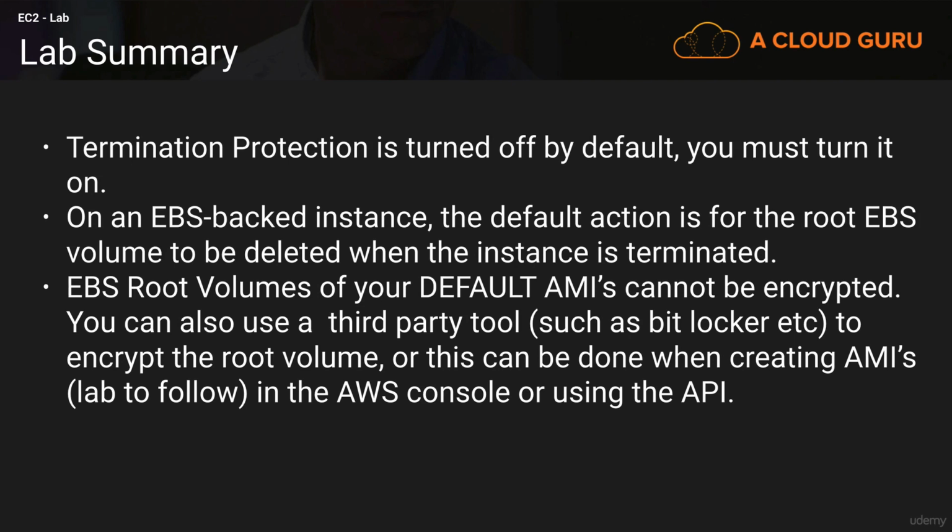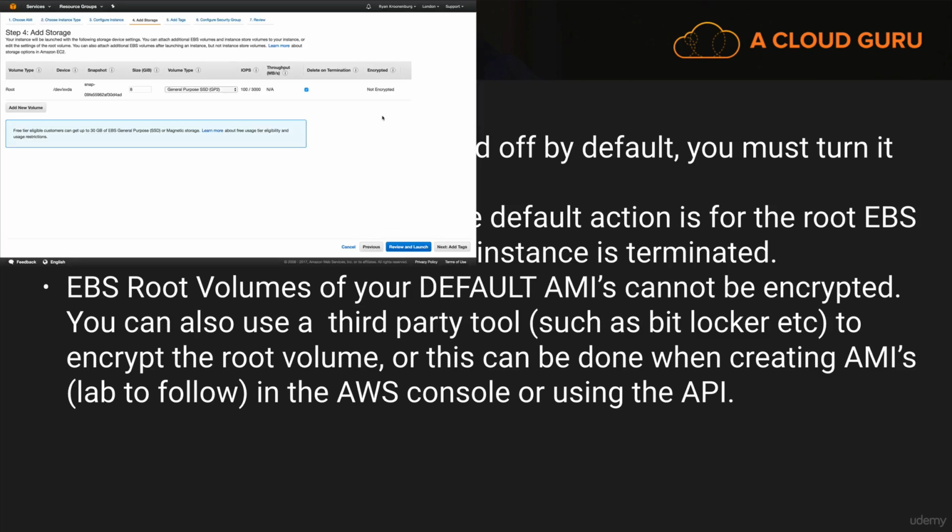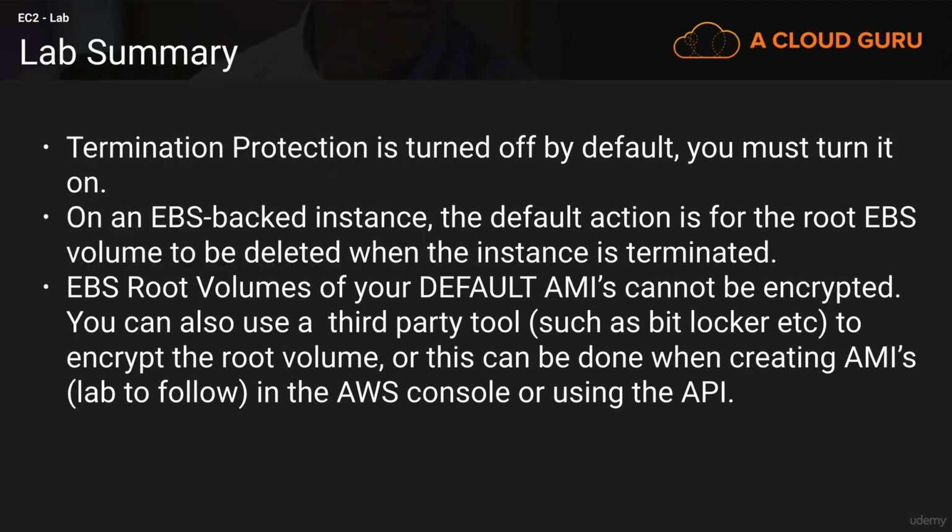When you spin up an image using a default AMI and go to the encrypt option, there's just no checkbox there. However, you can use third-party tools such as BitLocker for Windows, for example, to encrypt that root device volume, or you can create a copy of that Amazon machine image. So you can create your own AMI, and when you're creating that copy, you can encrypt the root device volume, and I'll show you how to do that in a lab that's coming up in the next section of the course.